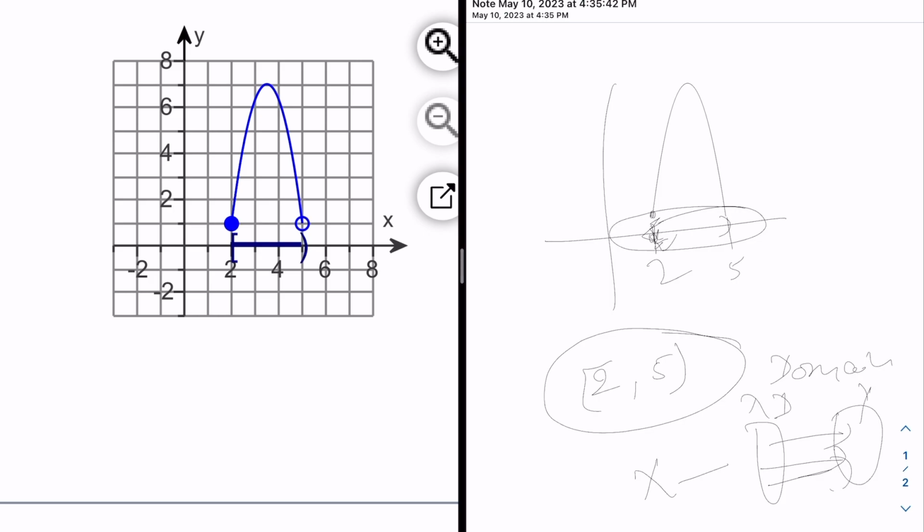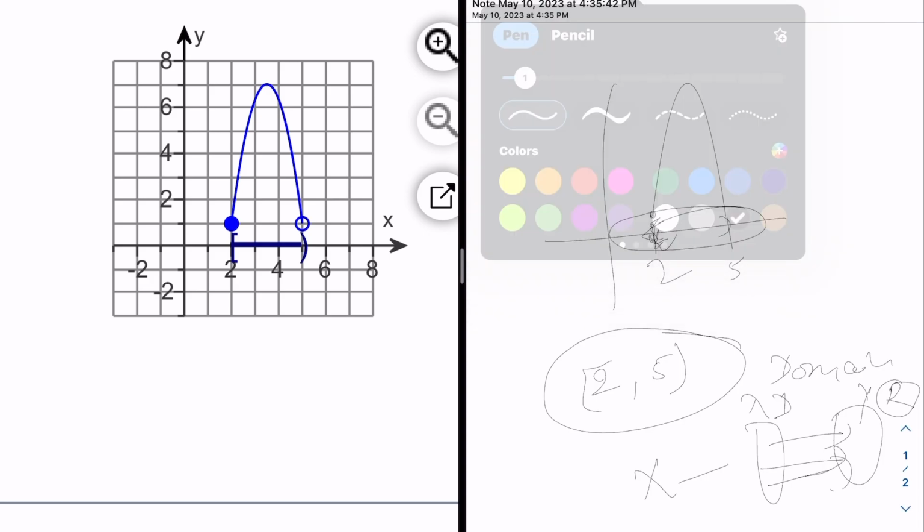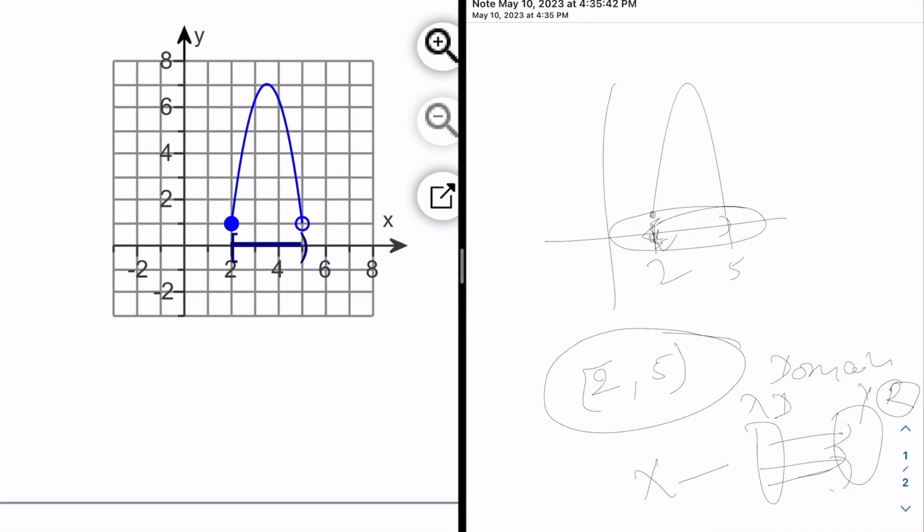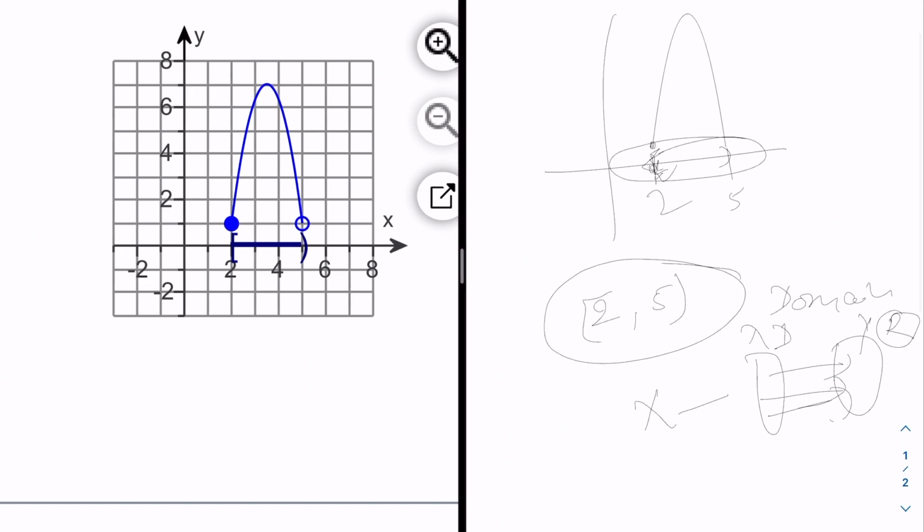This is called the domain, this is called the range. And how do we know whether it is even a function or not? So for me, I feel like this is the domain, this is the range, right?